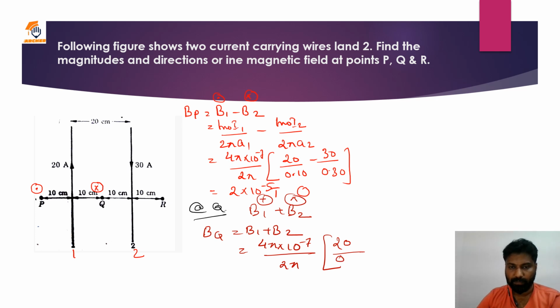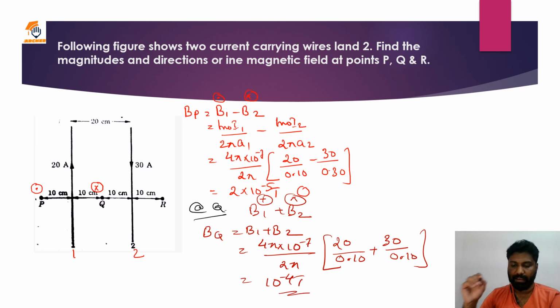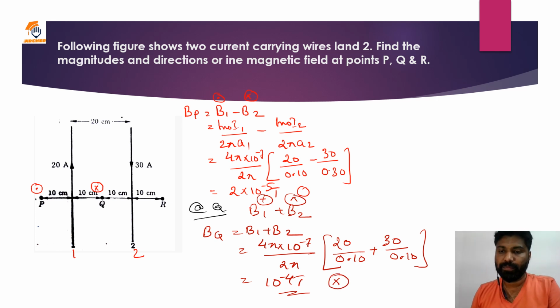So 0.10 plus 30 divided by, this also will be 10, 0.10. So here we will get 10 raised to minus 4 Tesla, and the direction is normally inward.